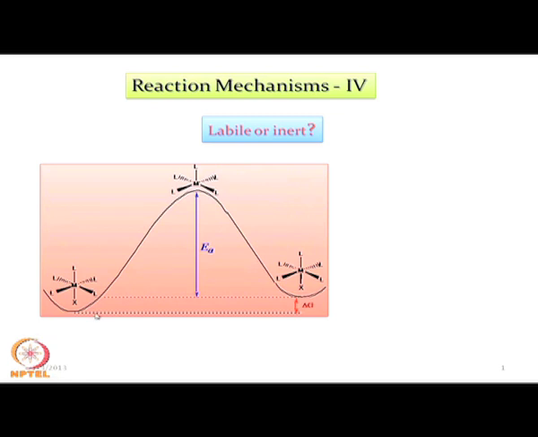This immediately tells us that if we compare these two molecules, where this is the molecule ML5X, and after activation it goes for the same ML5X or substitution with some Y giving ML5Y, then it always crosses the reaction barrier.